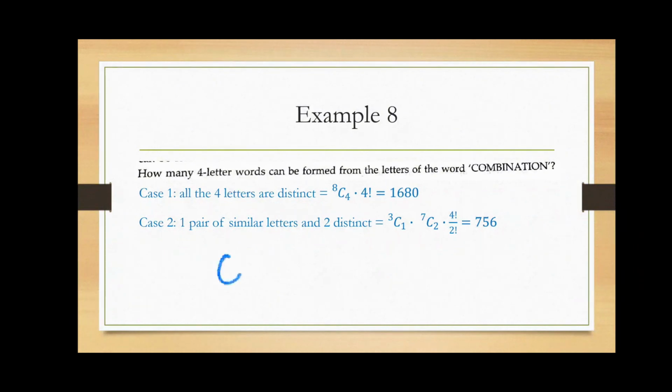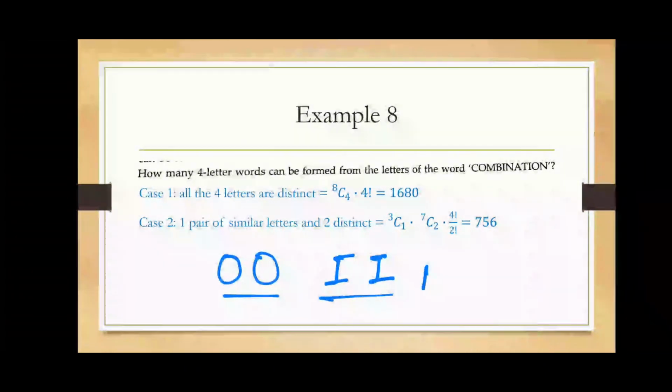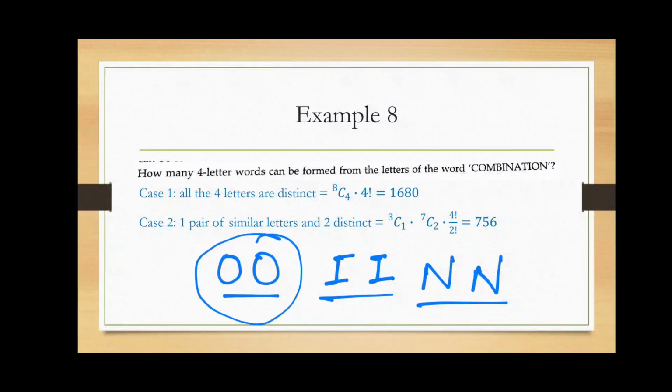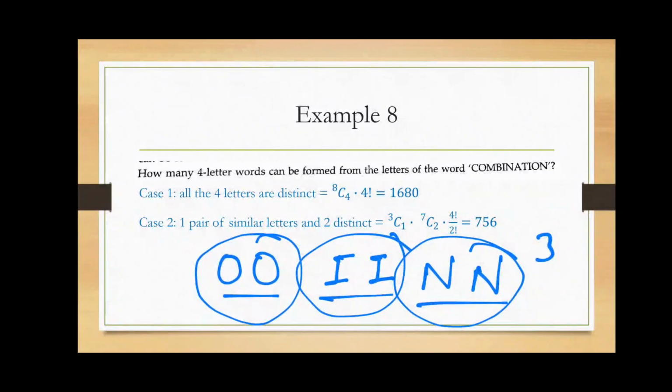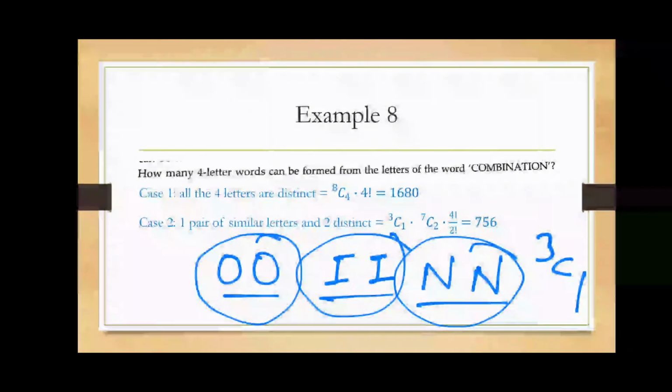I can see there are 2 O's, 2 I's, and 2 N's, right? There are 3 different pairs of similar letters. Now of these 3 pairs of similar letters, I need to choose one. So how many ways can I choose it? 3C1 ways. So that is this one.